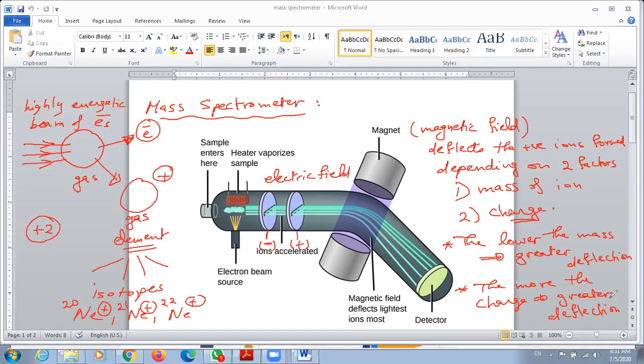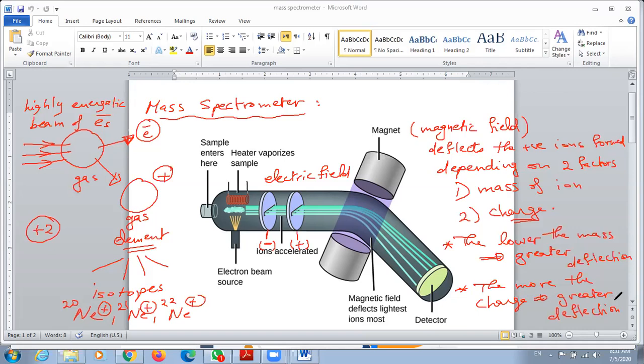You mean that we don't need to subject it to beams of electrons? Yeah, because for isotopes of the same element, they all gain the same charge, so it's not like giving it a charge will affect it.